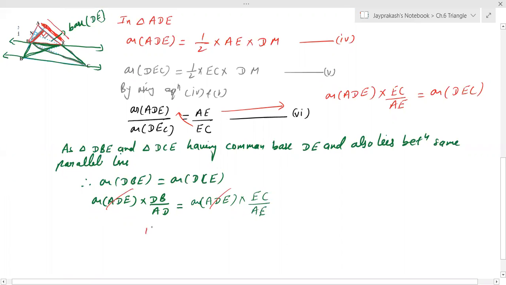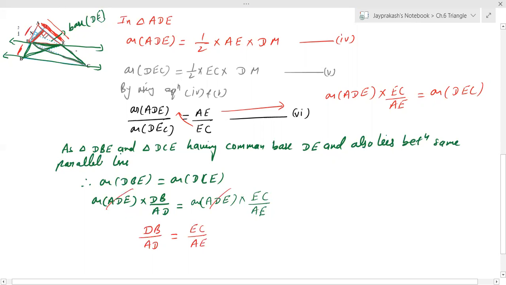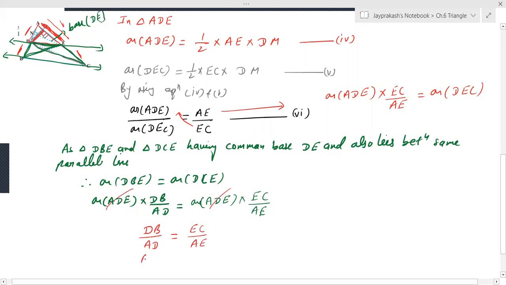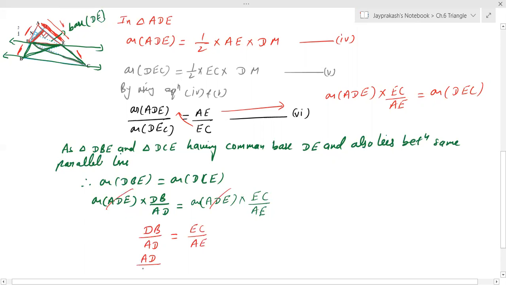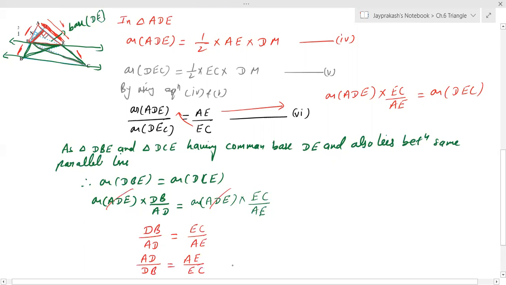So finally we have DB by AD is equal to EC by AE. When you take the reciprocal now, you will get AD by DB is equal to AE by EC.